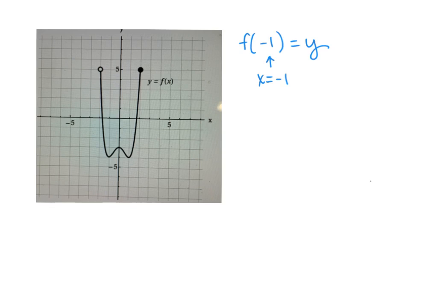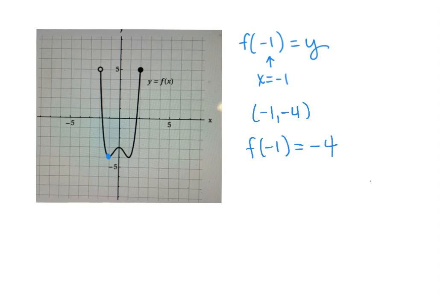So for -1 here, go to the graph. Where is that function? What is the ordered pair there? Notice here it's -1, -4. And so the answer to f of -1 is -4.